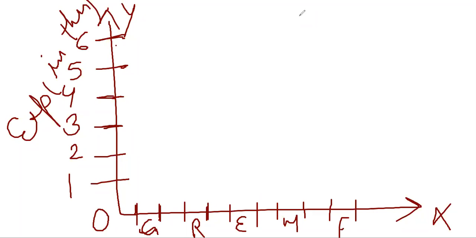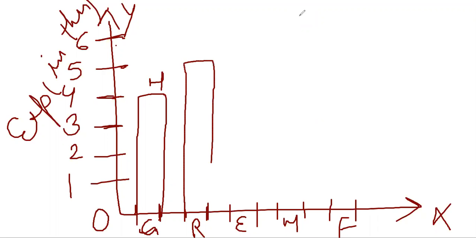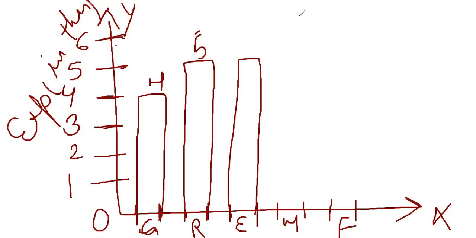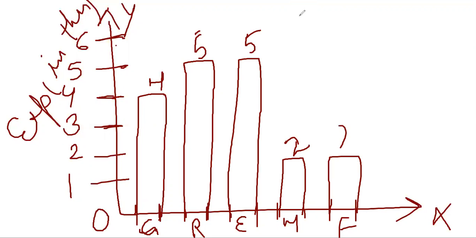Next is for fuel, and so on. For grocery, it's given 4, so you will make the graph like this. It's 4. Then next it's given 5, then 5 like this. Then next again 5. This is called the bar graph. Next here we have 2. Next again we have 2. So like this you can make the bar graph.